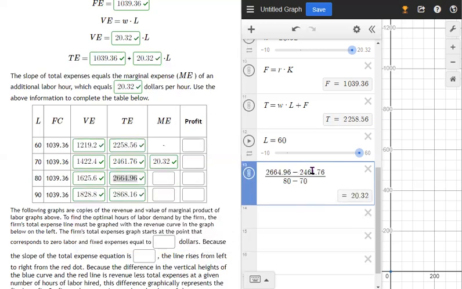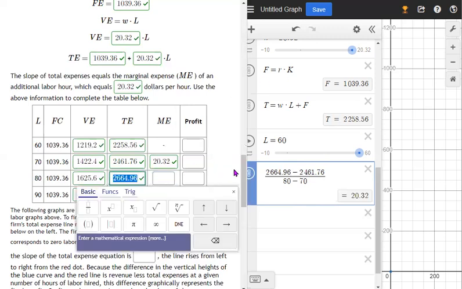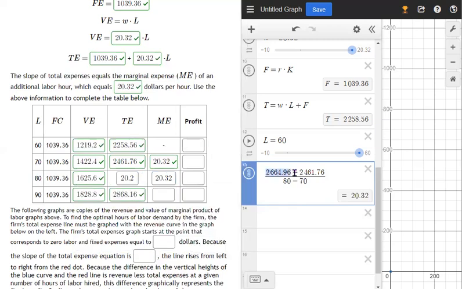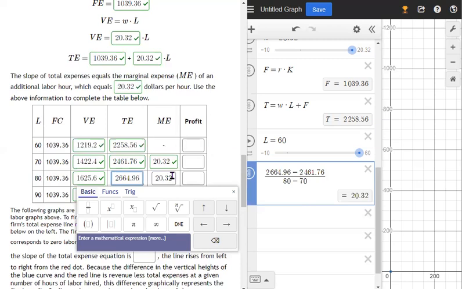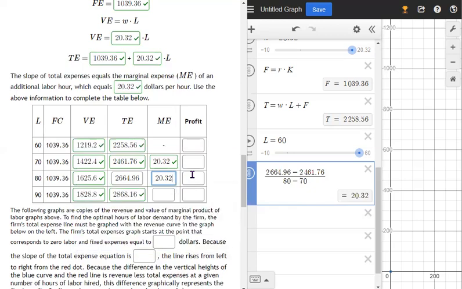And again, our marginal expense is 20.32. Copying and pasting again is tricky in math. Now, why is the marginal expense remaining constant? I'm going to show you in a second.